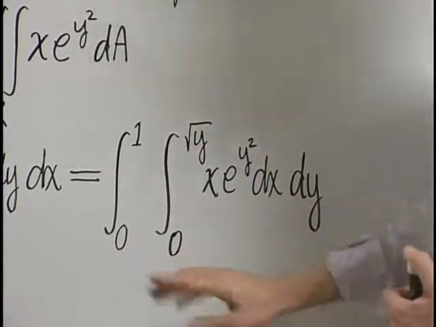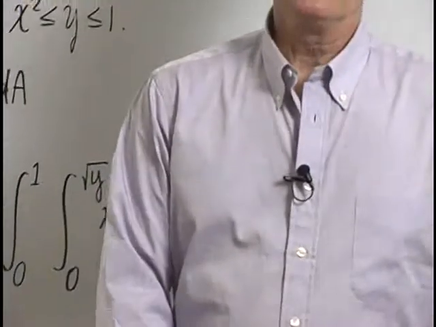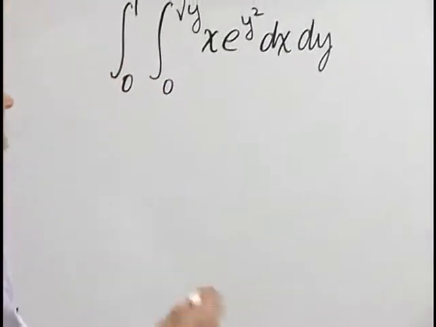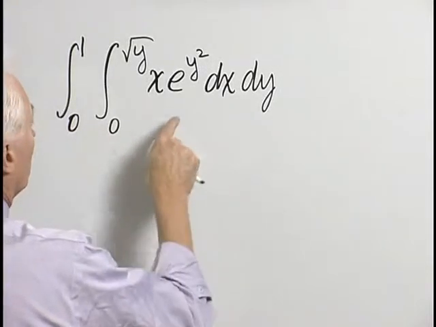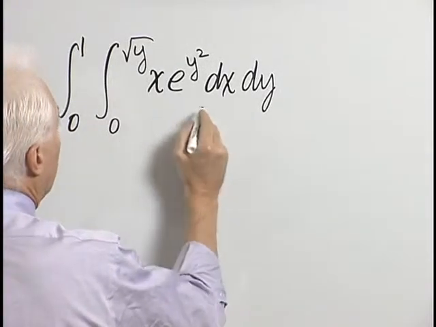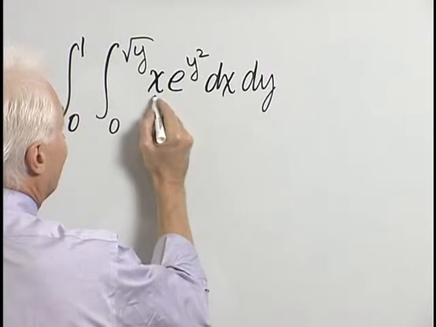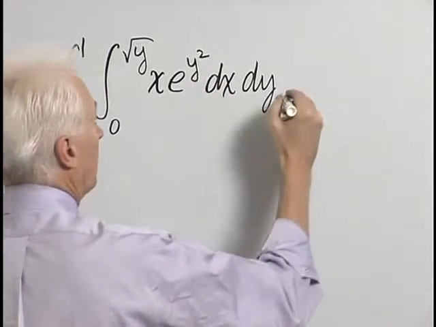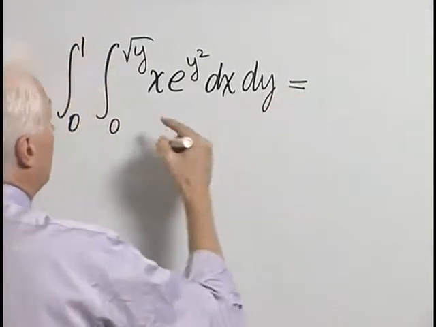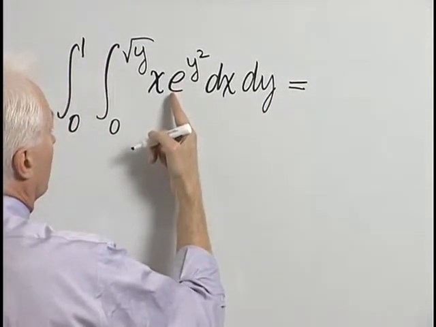So let's try it in this order of integration and see what we get. So here's our iterated integral that we're working on, and so now we get to integrate against x first, and we don't have to try to anti-differentiate e to the y squared. So what will we get? Well, e to the y squared is just a constant.